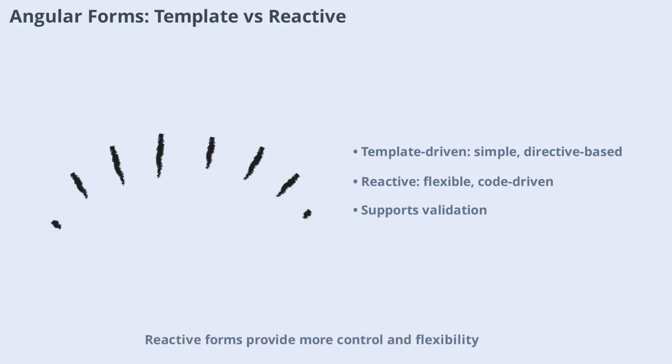Reactive forms provide more control and flexibility, making them better for complex forms, and use the reactive forms module. Both approaches support validation and form submission, but reactive forms are preferred for larger applications. Interviewers may ask you to compare these methods or implement a simple form using either approach.